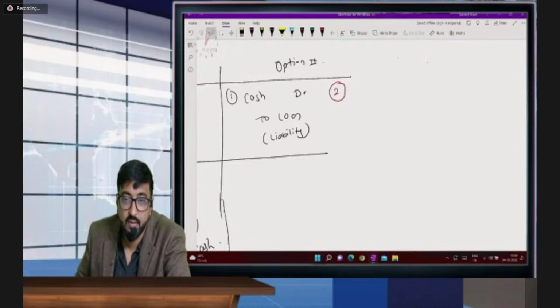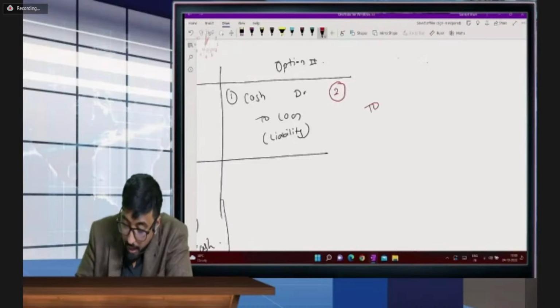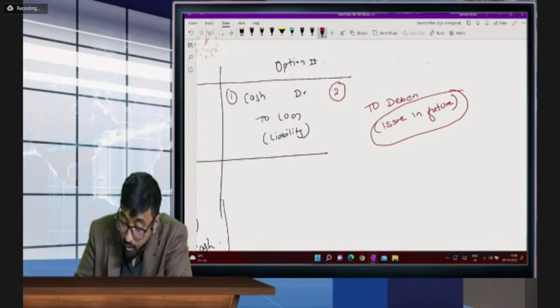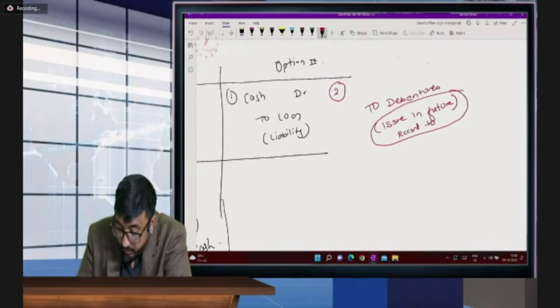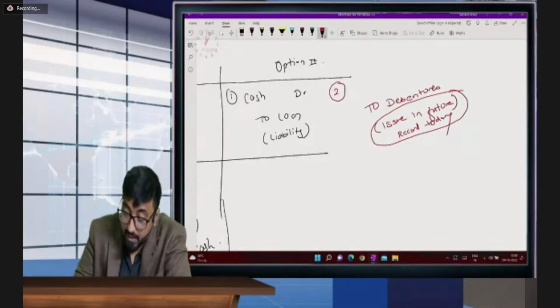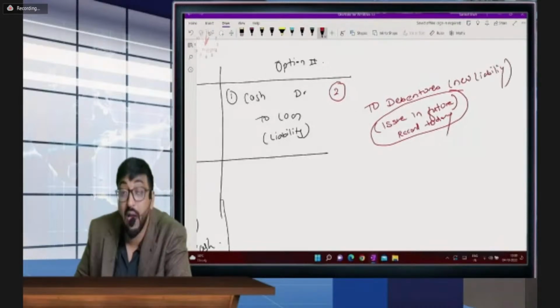See, you are going to issue debentures in future. But you will record today. Debentures is my new liability, and this new liability will come after 5 years in future.